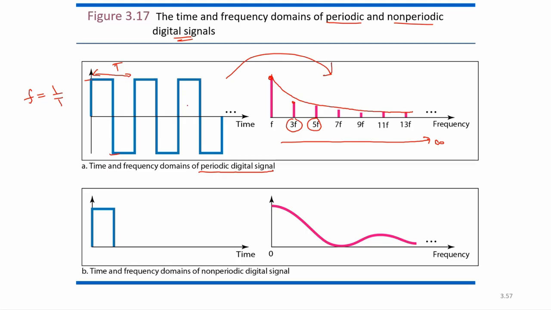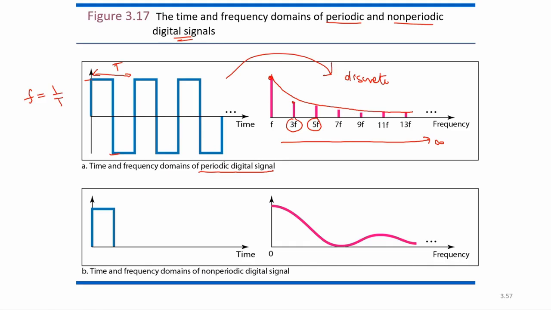So the periodic digital signal is periodic in time and discrete in frequency. Whenever a periodic analog signal was there, it was discrete in frequency. Similarly, for a digital signal, if it is periodic, it will be discrete, with components at different frequencies.